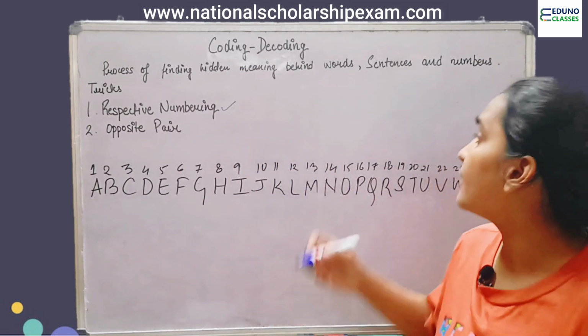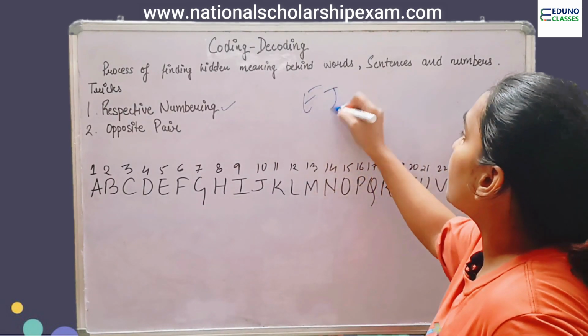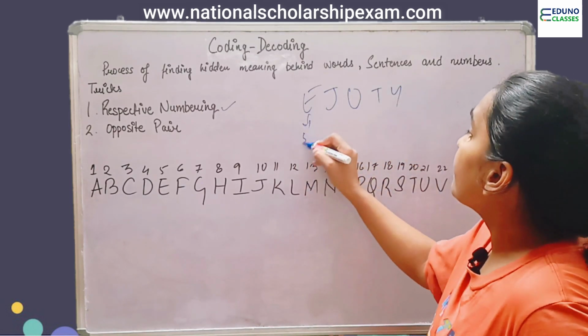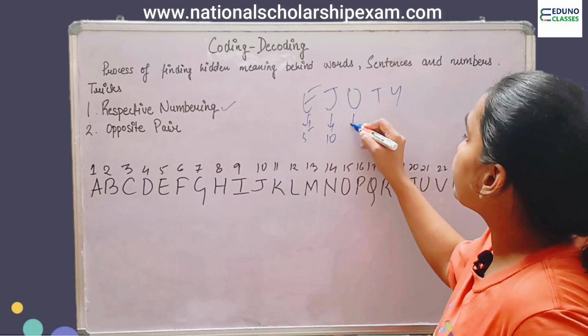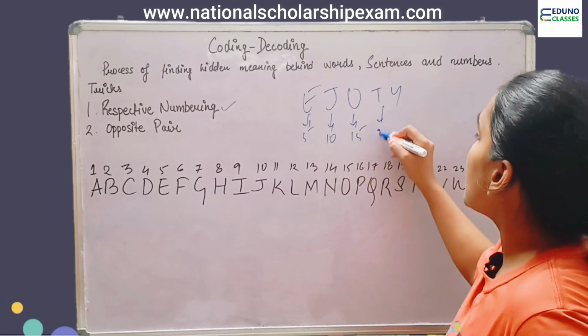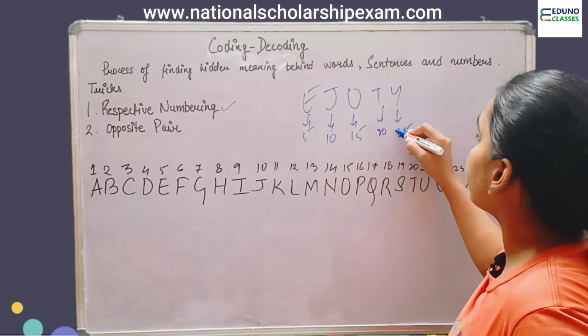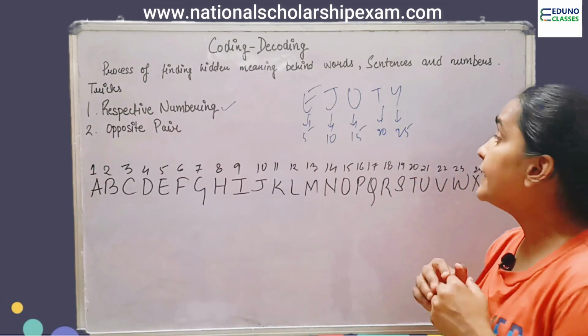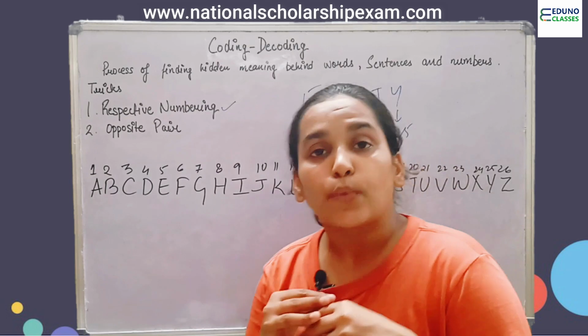The trick here is the word EJOTY: 5, 10, 15, 20 and 25. E is 5, J is 10, O is 15, T is 20 and Y is 25.